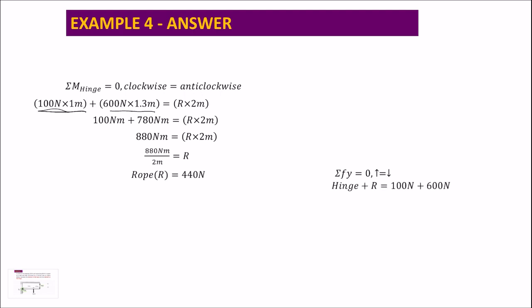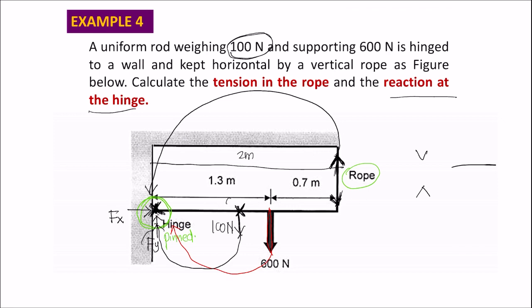Okay. So here, dia panggil hinge plus R sama dengan 100 Newton plus 600 Newton. Hinge dekat sini adalah apa yang saya tulis dekat here adalah Fy lah. Okay, ini dia tulis hinge dekat dalam equation.